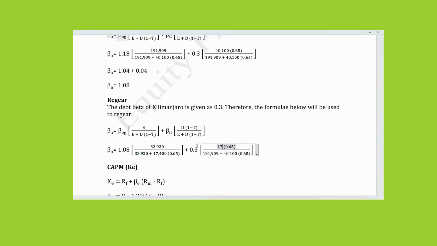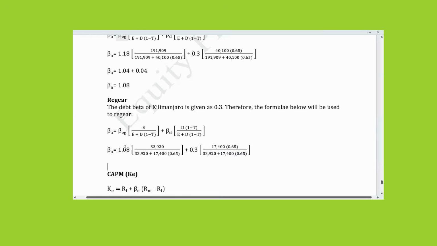Here is 17,400. Then here is 33,920. What do you have from the left? 0.75. Thank you.